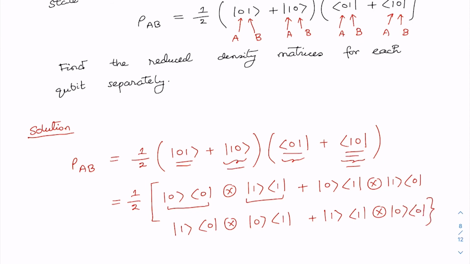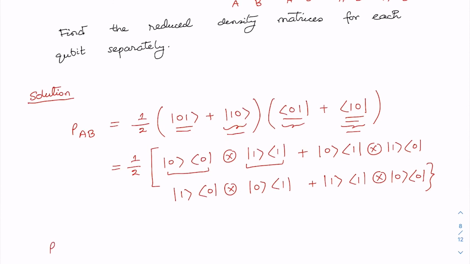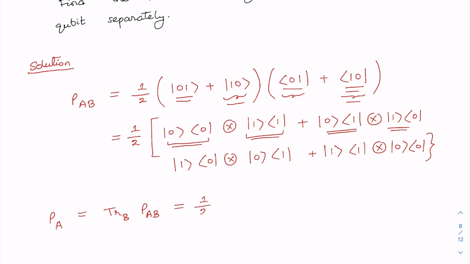Okay, so then finding the reduced density matrix for A would be easy. I have to just trace out B from rho AB, then I will get rho A, and this is system A, this is system B, similarly for all these other terms. So if I trace out B, because ket 0 and ket 1 are orthogonal to each other, this is going to be the scalar product of 1 1, so that would be 1, and here I will have ket 0 bra 0.